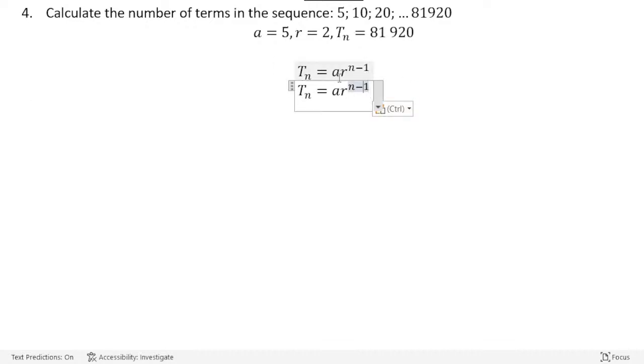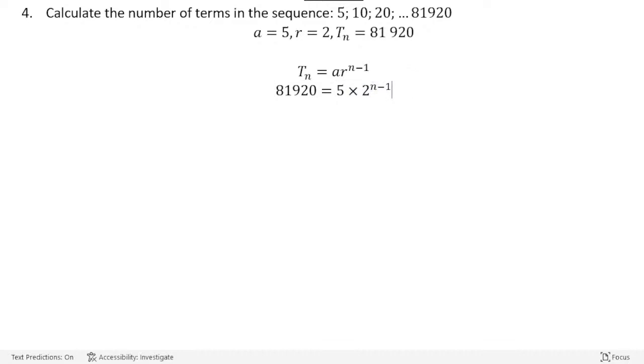We'll have 81,920, right? The value of a is 5, times the value of r, which is 2, to the power n minus 1.